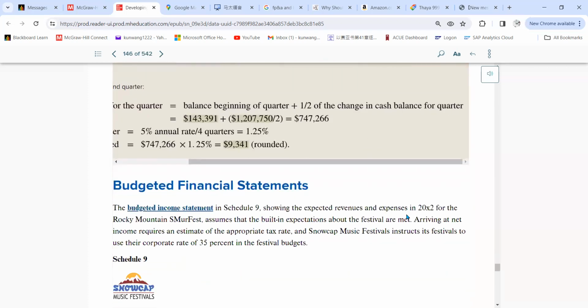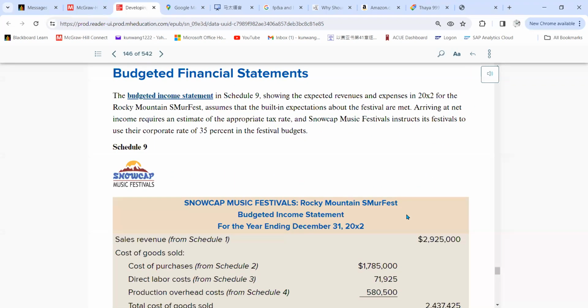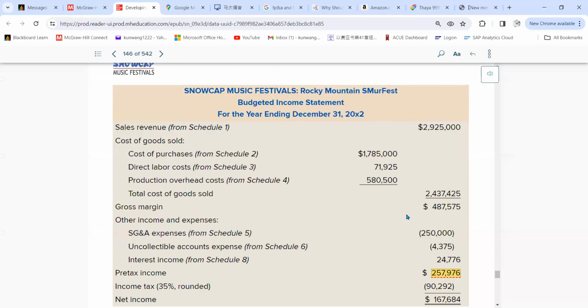And now let's see the two budgeted financial statements, the income statement and the cash flow statement. The income statement is based upon the accrual basis. Be careful, this is not the cash, so it is coming from your original operational schedule. And your sales revenue budgets, the total numbers only, and your purchase budget, cost of purchase, direct labors, and then production overhead, we have the gross margin.